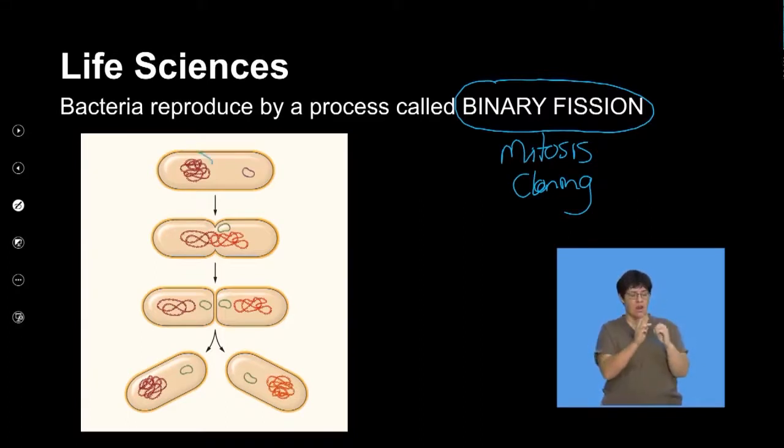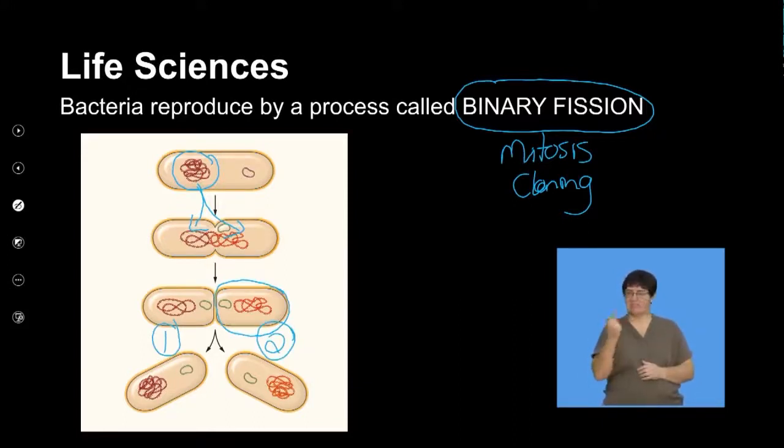It's going to make a copy of its DNA so that it can put one copy in one side, one copy in the other. The cytoplasm is going to divide, and what do we have? Two identical bacterium cells.